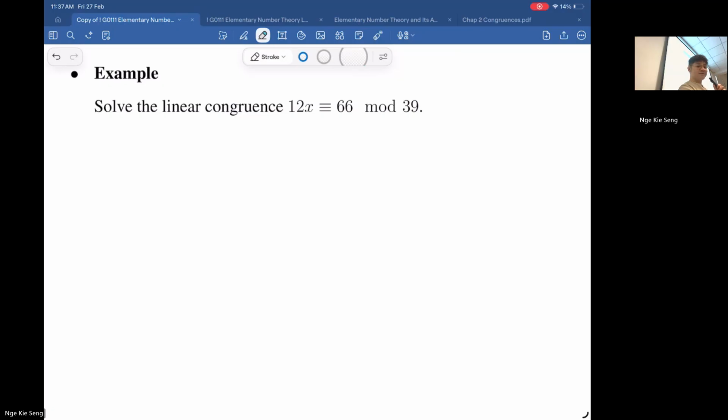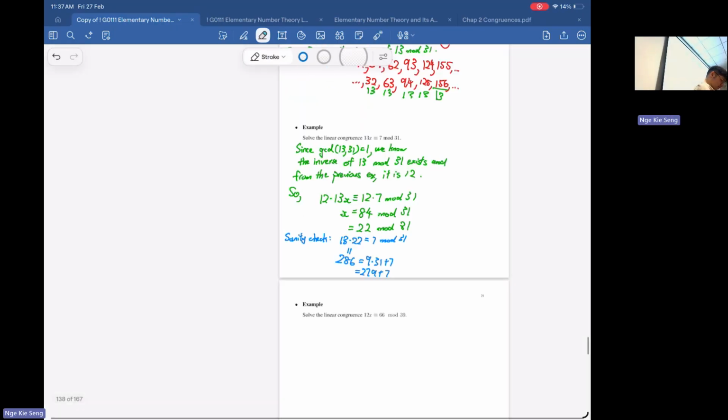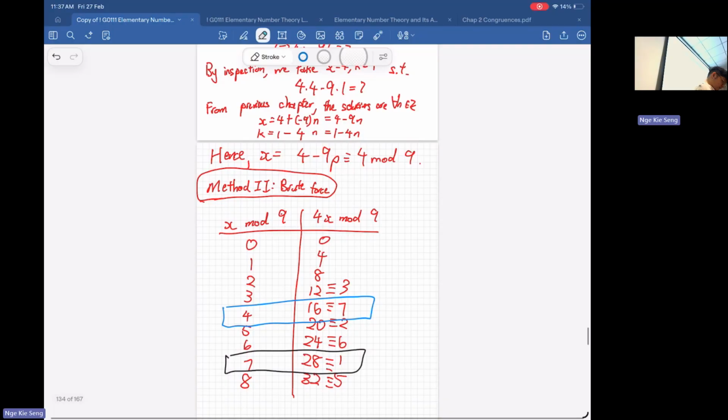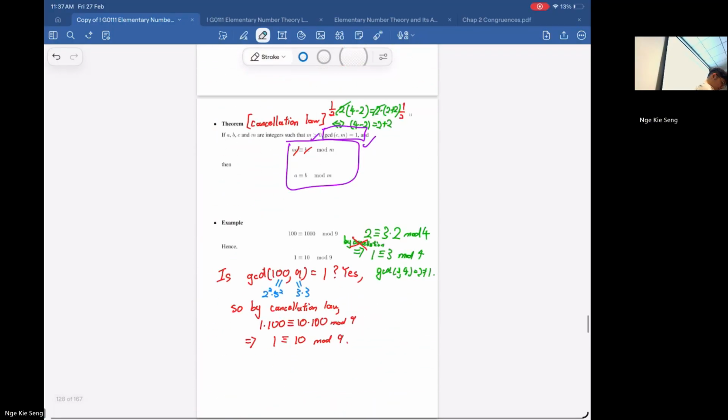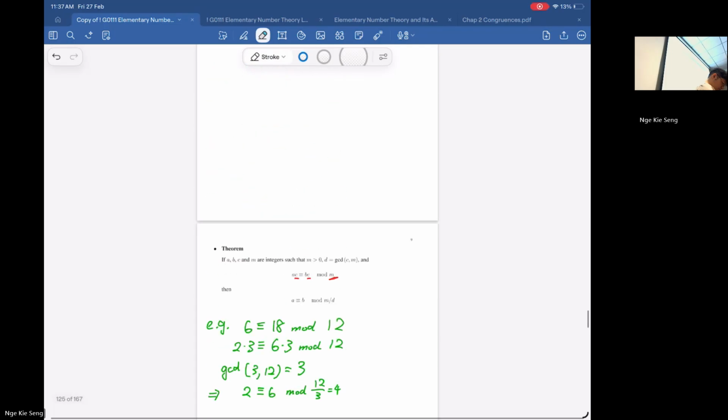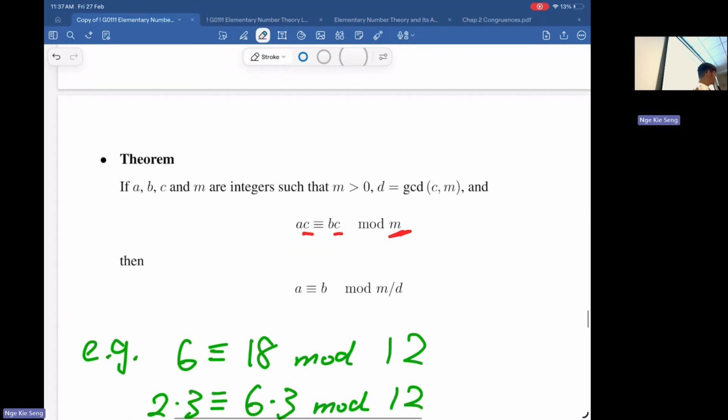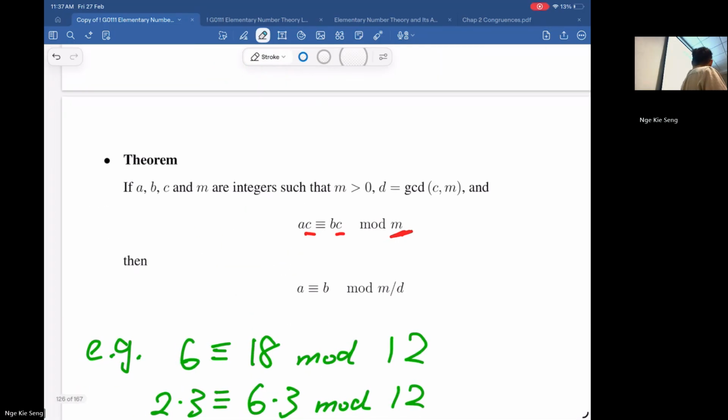Divide by 3. How do you divide by 3? Let me see, what are you trying to do? Oh, you're trying to use this theorem. Sure, if you want to use this, I think it works.